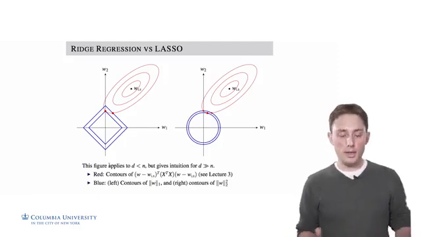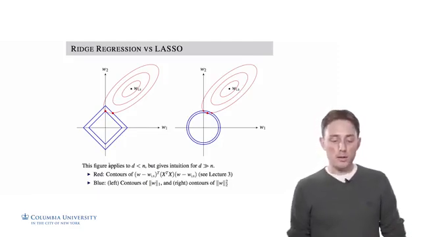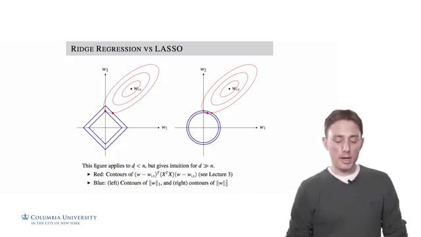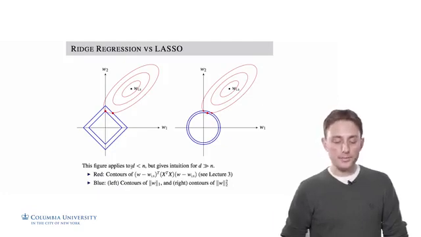And so here's another way to think about it. We've motivated the problem as a high-dimensional problem, but now for visualization purposes, let's look at a problem where d is equal to 2, even though the intuition translates to higher dimensions.